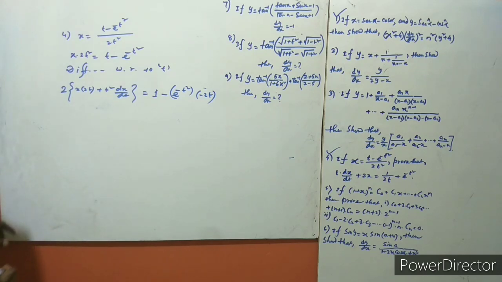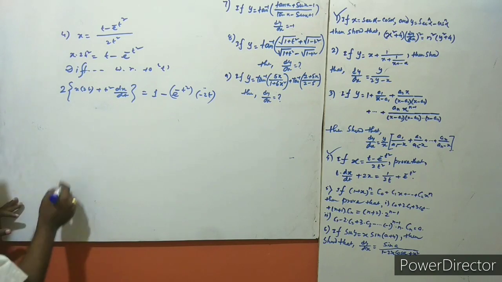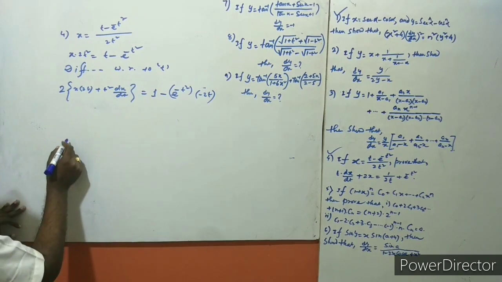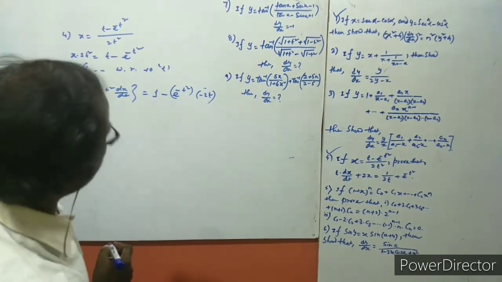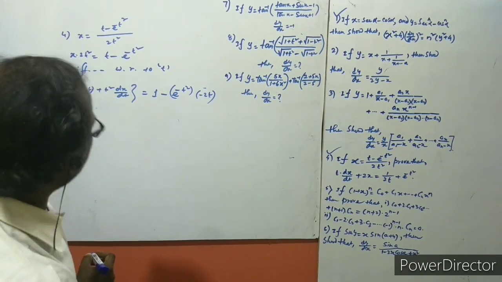Now here is t into dx dt. See, t into dx dt. So divide by t. First we multiply by that, so this is 1 by 2t.